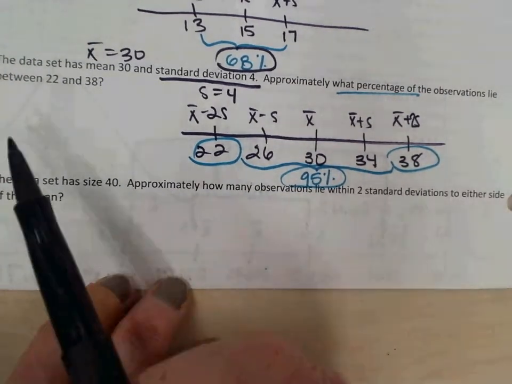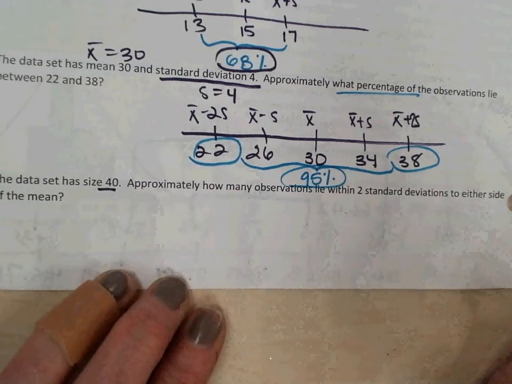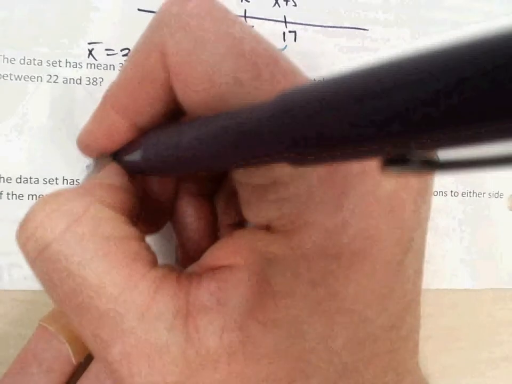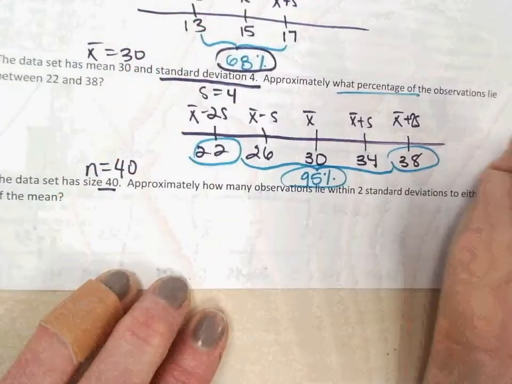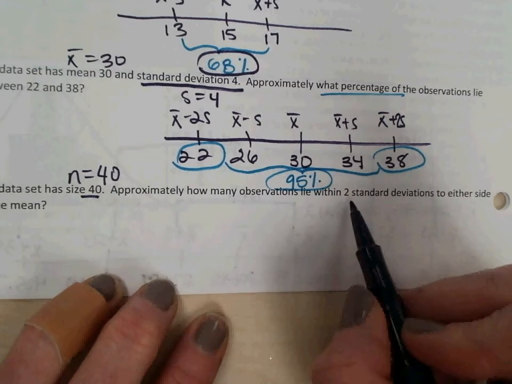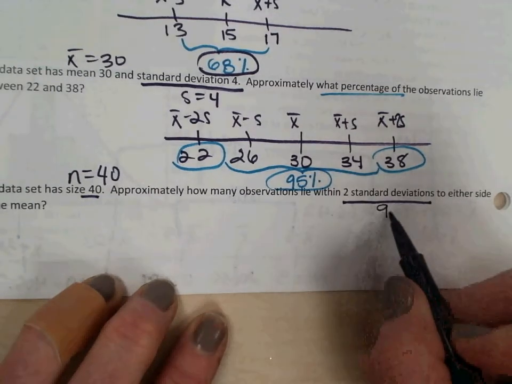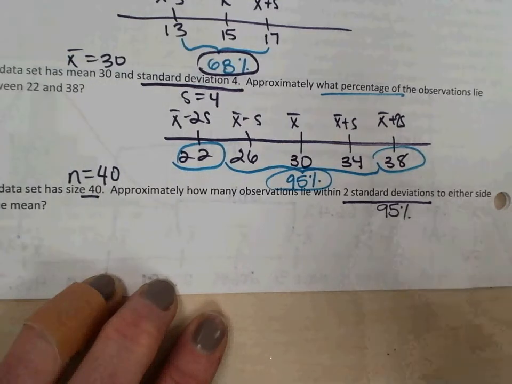This time it says we have a data set of size 40. Remember n stands for the number of observations. How many observations lie within 2 standard deviations? That's the 95% to either side of the mean.